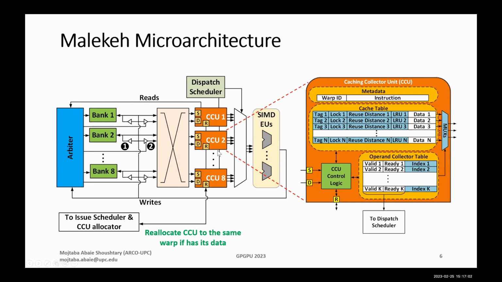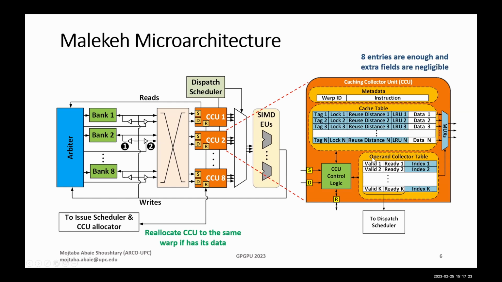So at any particular cycle, all the warps that occupy the collector units are different. This is handled by the issue scheduler and the CCU allocator.